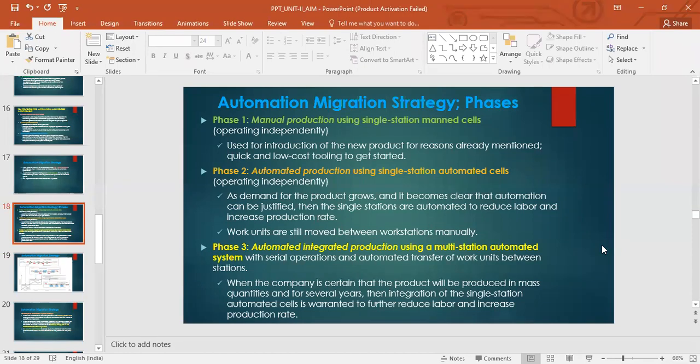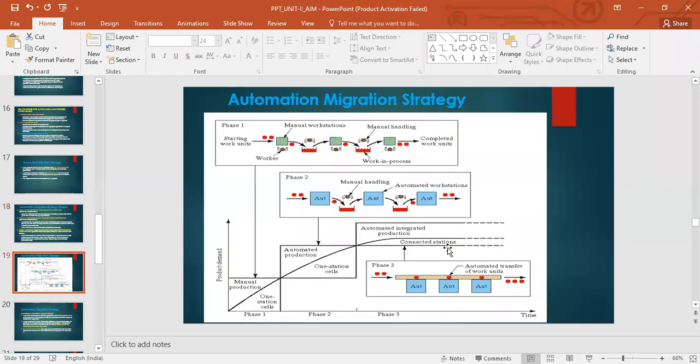So you have automated transfer of work units now in the third phase. It was only possible with automated transfer of work units, right? Only then can you achieve a higher level of automation, where even the transfer of work parts is automated. That's what this third phase indicates.